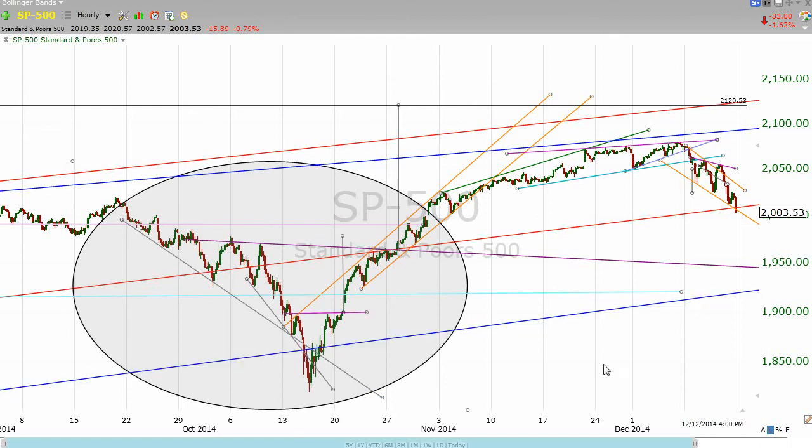And I think the words that I used at the time was, this looks like fairly swift selling all of a sudden giving way to irrational fear, and that's when that bottom got put in.